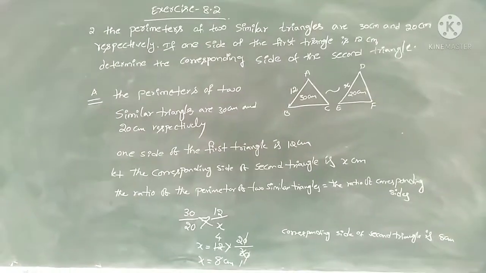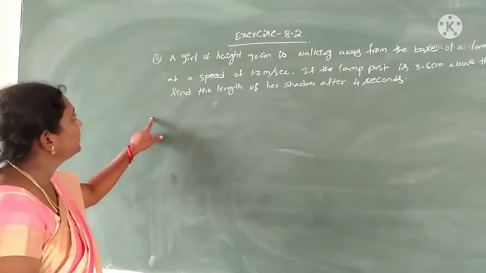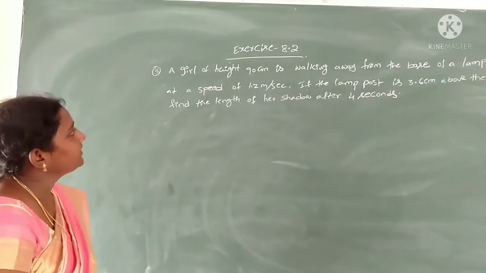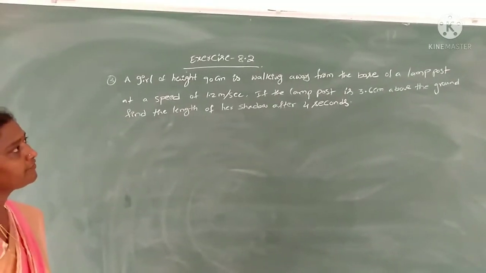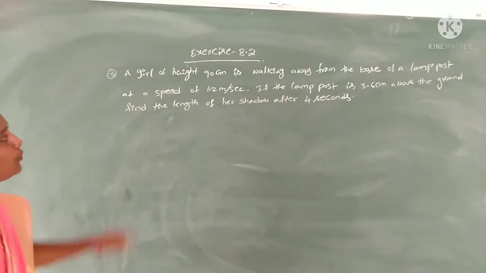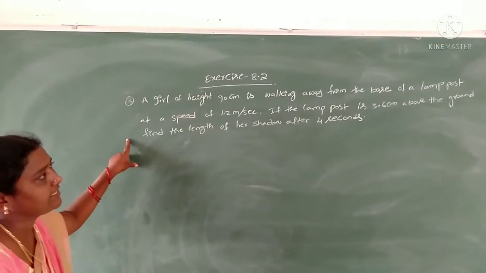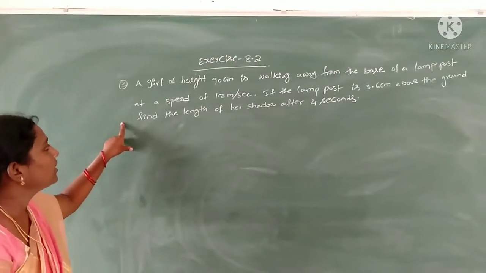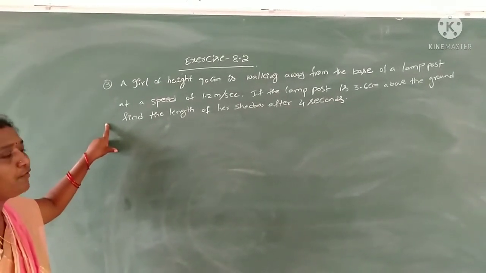Once again, a girl of height 90 centimeters is walking away from the base of a lamppost at a speed of 1.2 meters per second. If the lamppost is 3.6 meters above the ground, find the length of her shadow after 4 seconds.